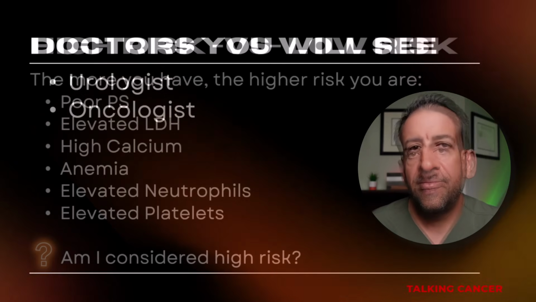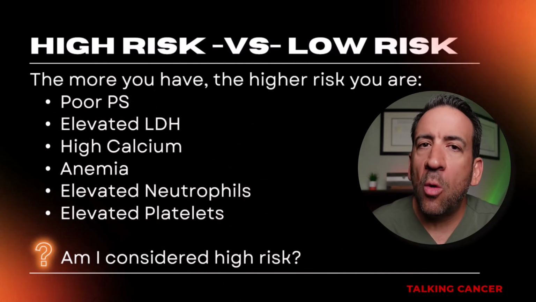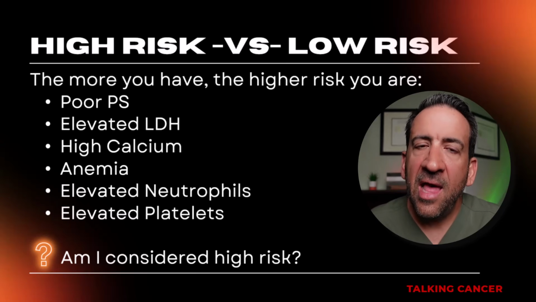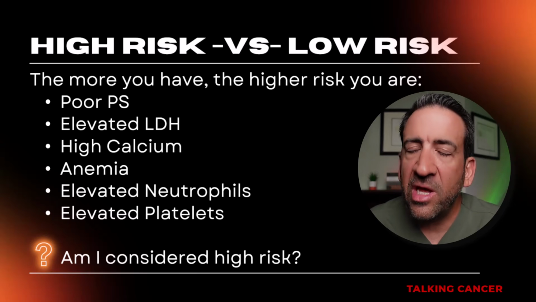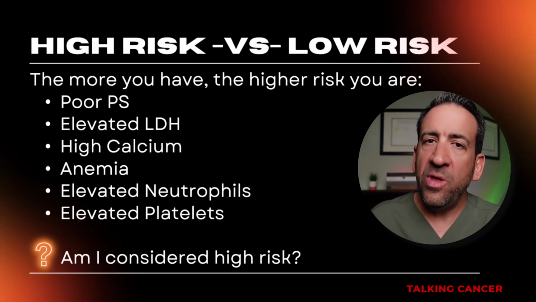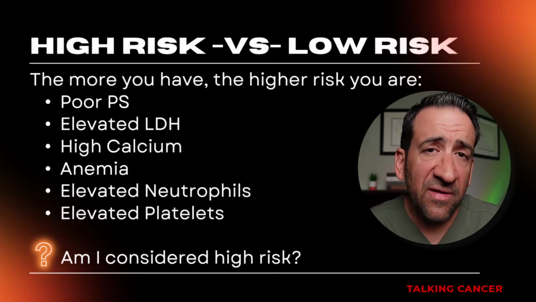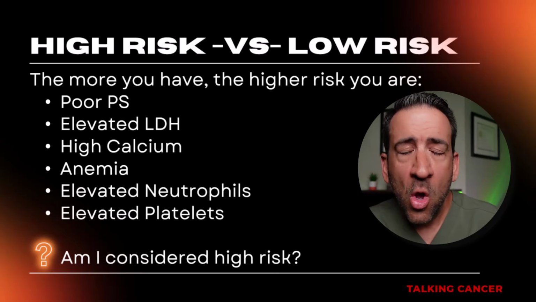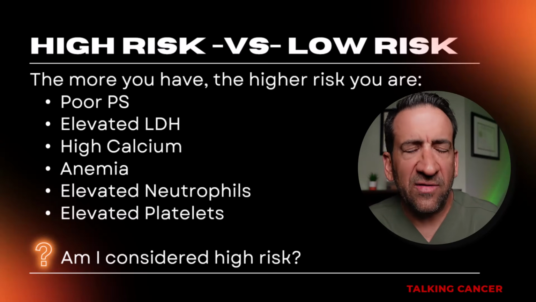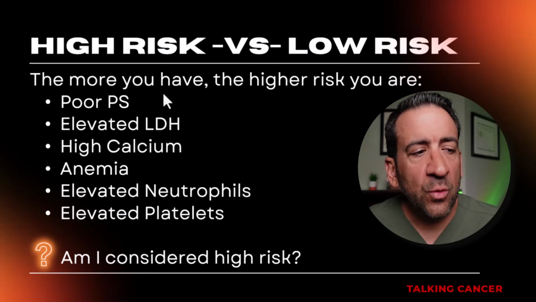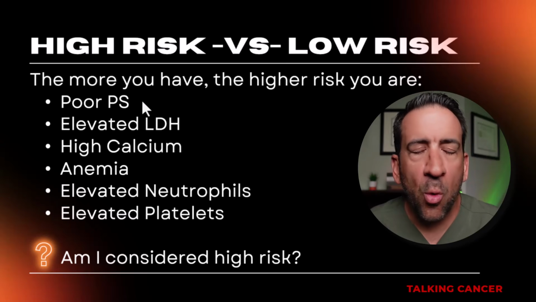Now I want to go over something that we call risk stratifying the patient. And for the most part, these are blood tests that we can look at that will tell us whether we think your cancer is going to behave aggressively, putting you at high risk, or maybe grow slower, placing you at low risk. Overall, the first one is not a blood test, and it's called a poor performance status.